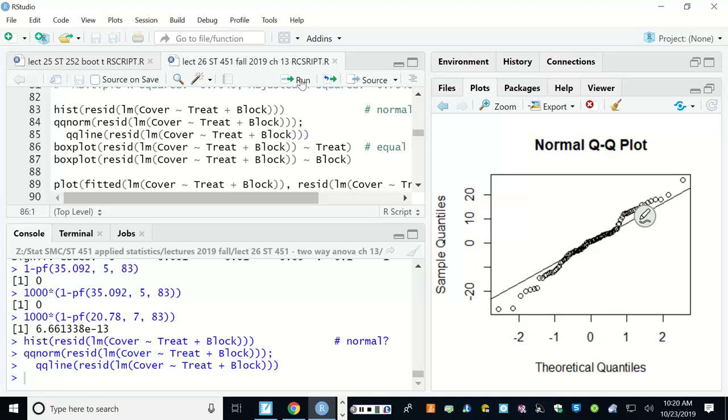The theoretical quantiles don't change. They're based on sample size and the theory. But these could move up and down. So it looks like these are a little bit large and a little bit small here, which would reflect a little bit more spread than you would typically expect. So it's not too bad. Probably those p-values that are so small are pretty reasonable indications of a very significant effect.